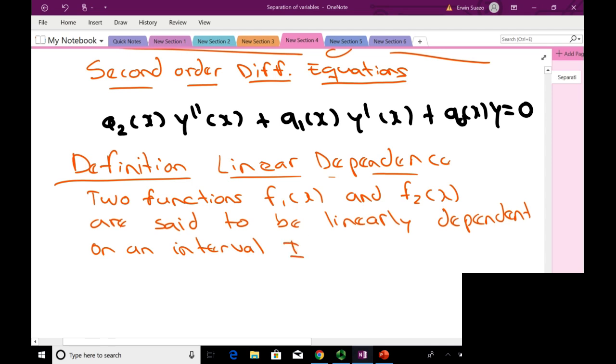So the interval I is the domain of f1 and f2.